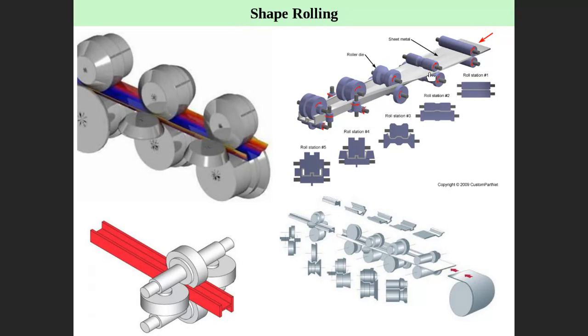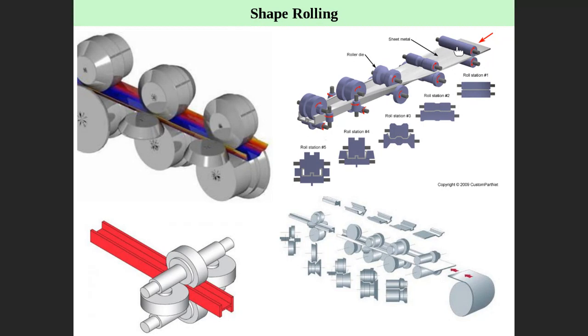At the second stage you do a little deformation, at the third stage more deformation, at the fourth stage more, and finally you get the required cross section. This is stage 1, 2, 3, 4, 5. Initially it starts flat, but at the end of the stages you get the desired shape. So it is a series of rollers.